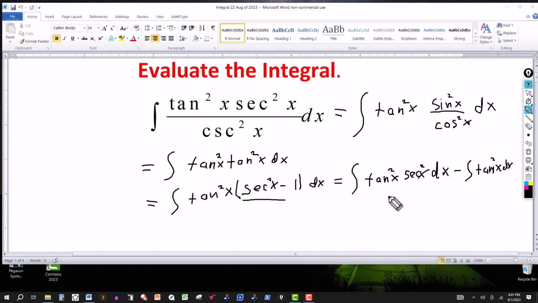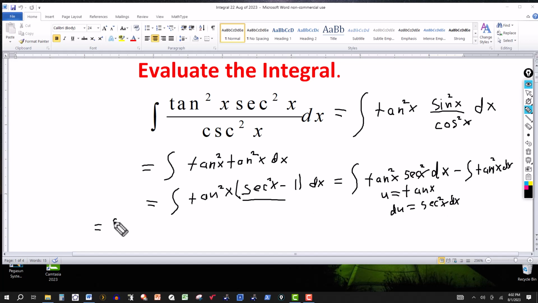So looking at the first integral here, I know that the derivative of tangent is secant squared. So I can do a u substitution here. u equal to tangent of x. So du, again, derivative of tangent is secant squared of x, and this will be dx.